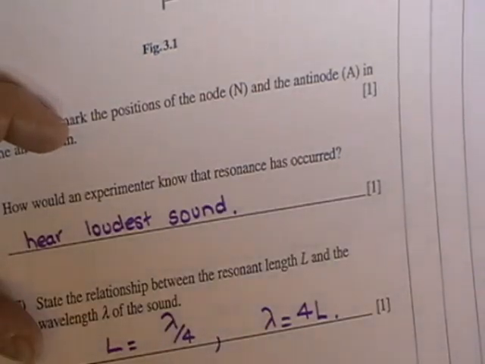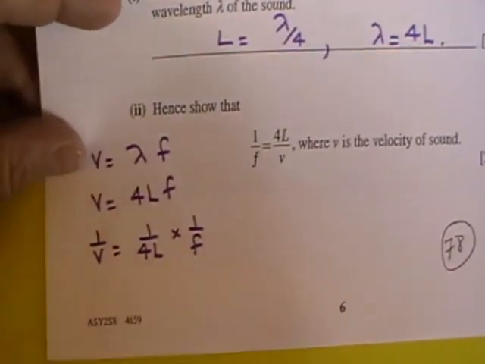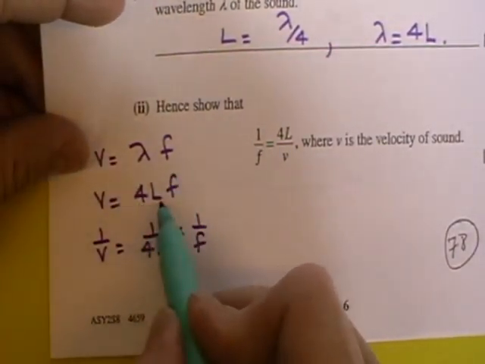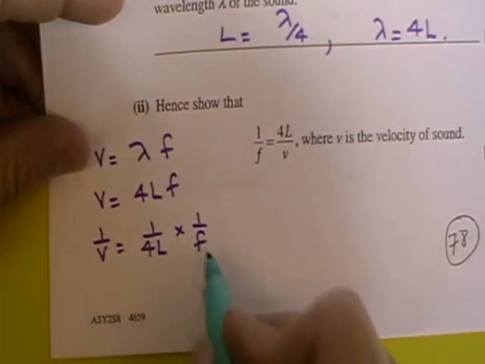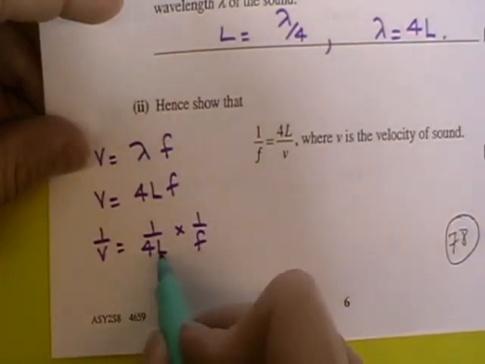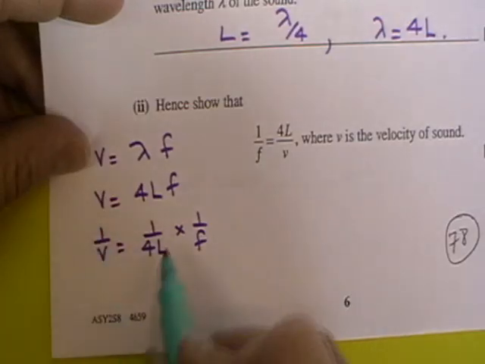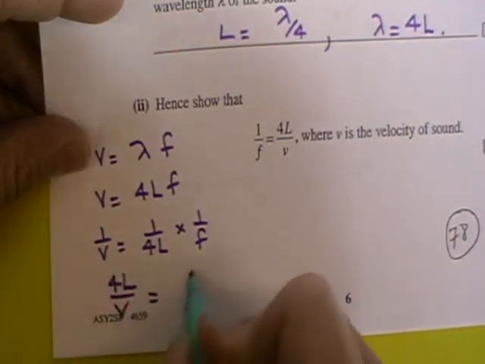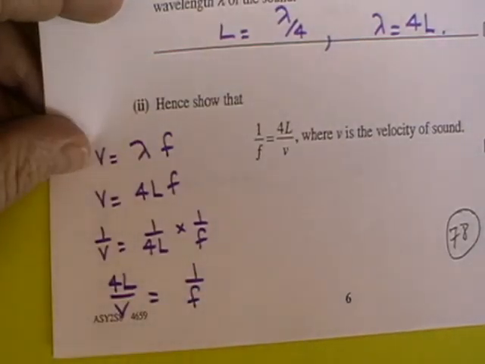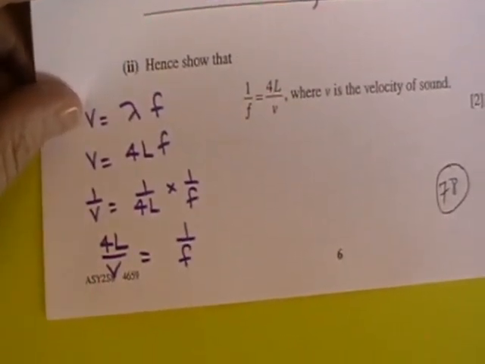V is equal to lambda f, lambda is 4L. If we say 1 over everything, you end up with this. But this is going to be the subject of the equation, so we have to bring this over to the other side. And so that will multiply. So 4L over v is equal to 1 over f. And you've proved that equation then. You've proved what you have to prove there.